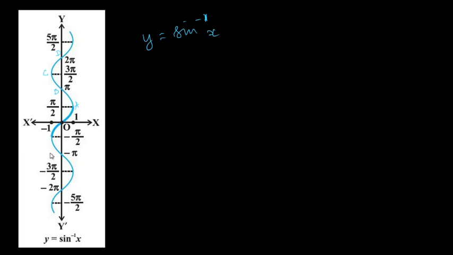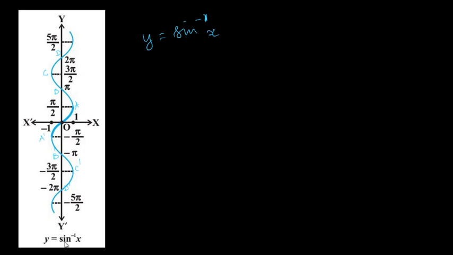And on the negative side, if it is pi by 2 on one side, it should be minus pi by 2 on the other. So you can put A dash, B dash, C dash, and this one is D dash. At C dash, it is exactly the negative of 3 pi by 2, so minus 3 pi by 2.